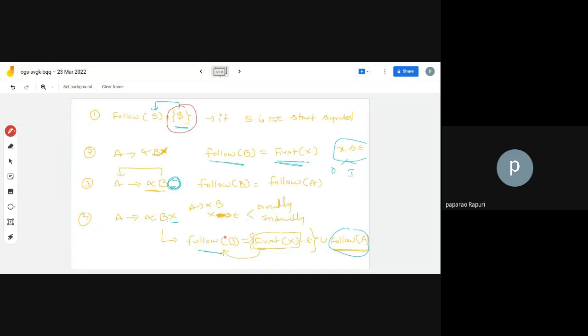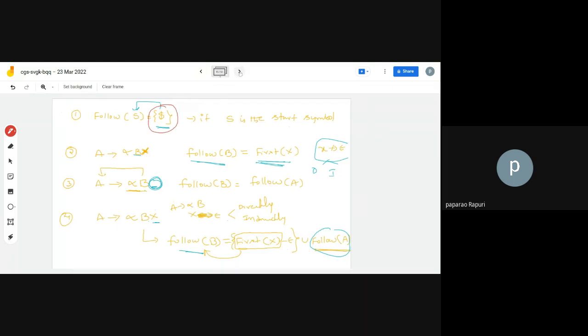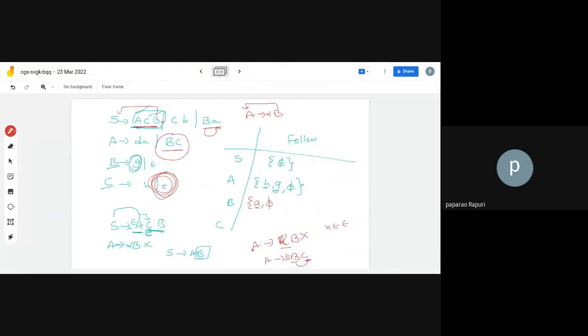So what does the fourth formula tell? First of X minus epsilon. First of X minus epsilon means first of C minus epsilon. First of C means h minus epsilon. That means epsilon cancels. After that, we need to find follow of A. Follow of A means h, g, dollar.